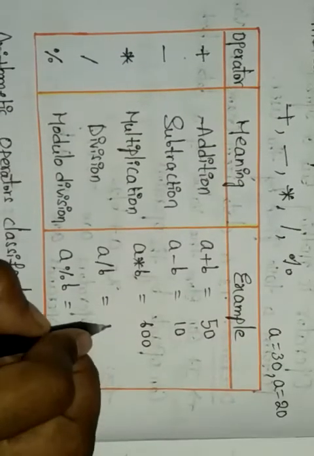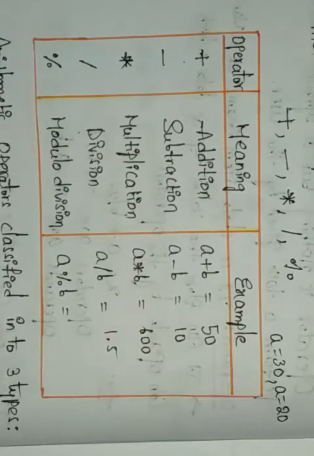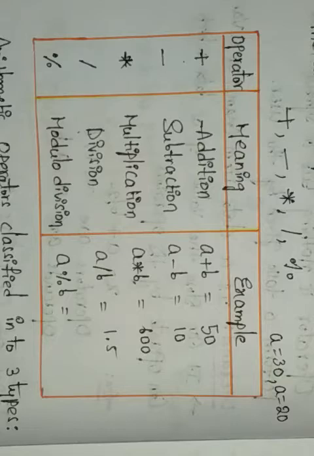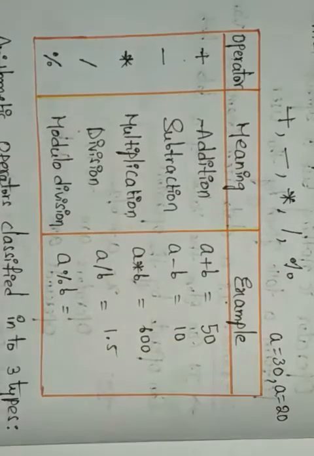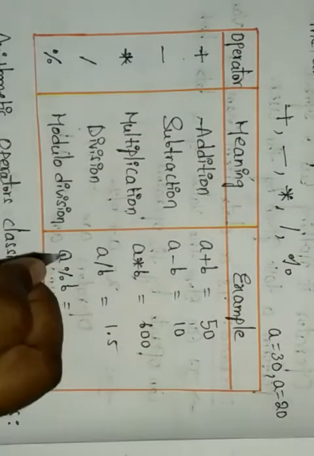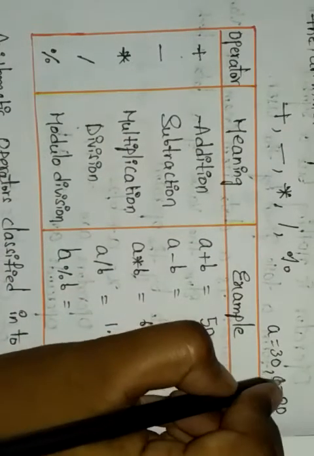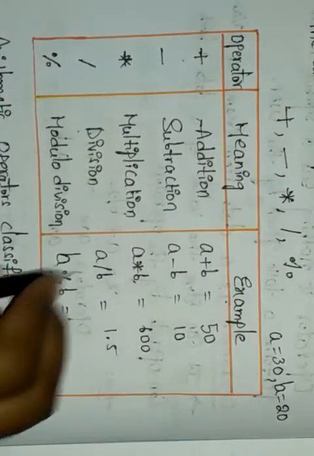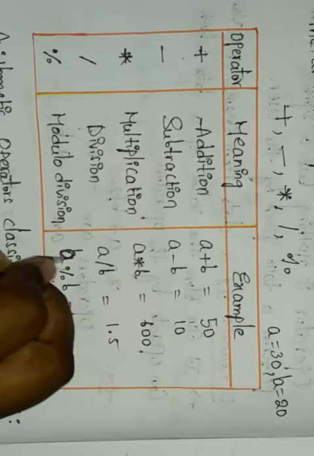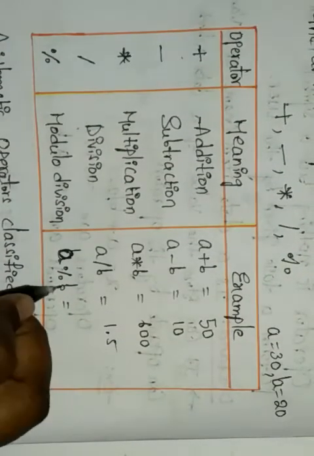Like 1.5. And for A modulo division B, we can do A by B only, so 30 and 20.